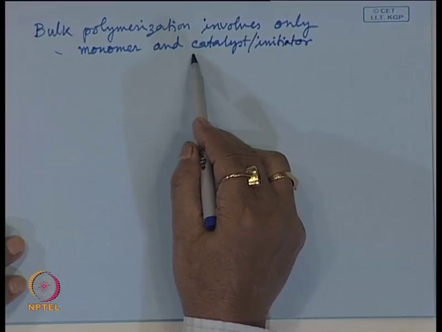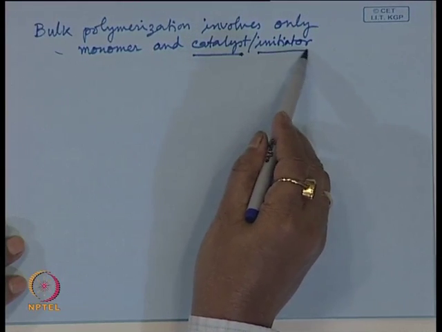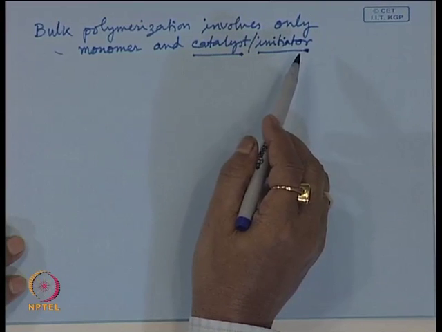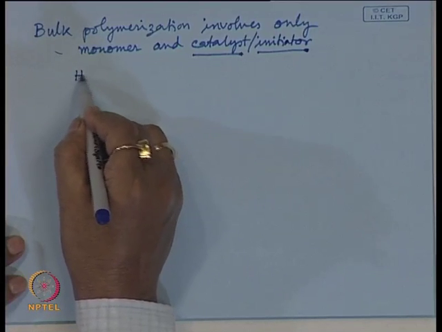In case of condensation polymerization, we use catalyst. In case of addition chain polymerization, we use initiator. And this bulk polymerization is a homogeneous system.